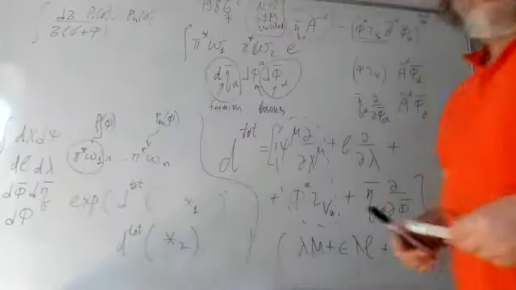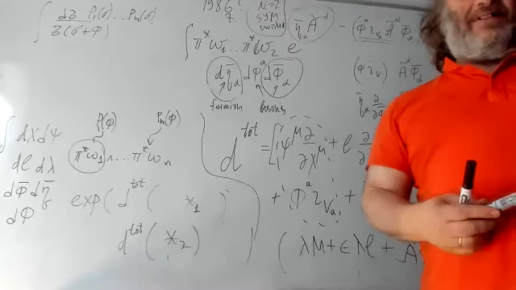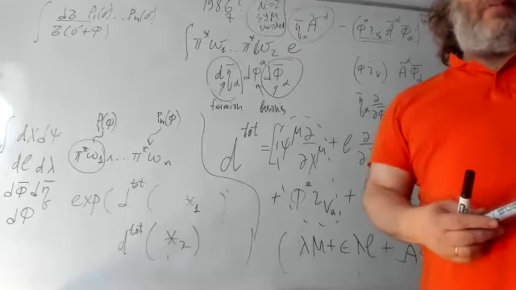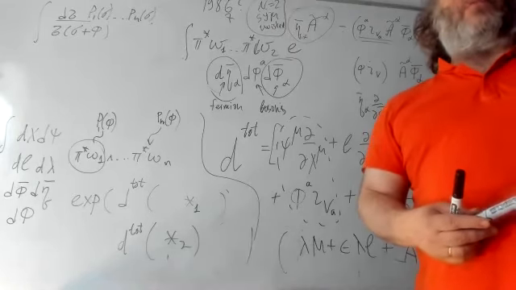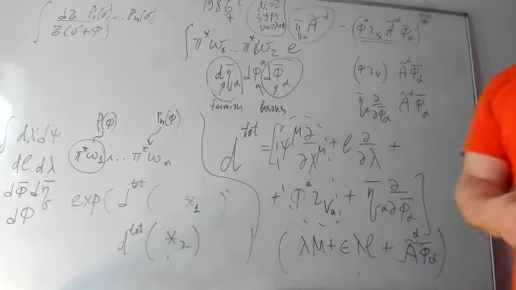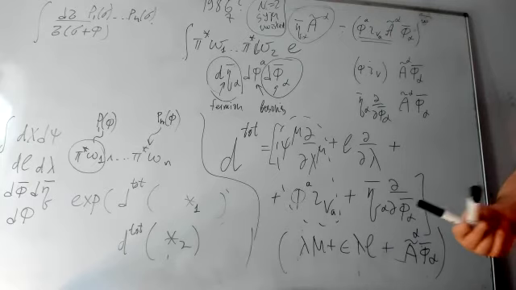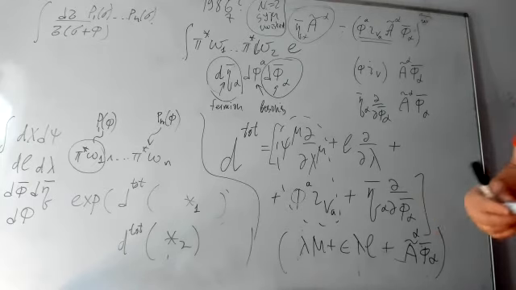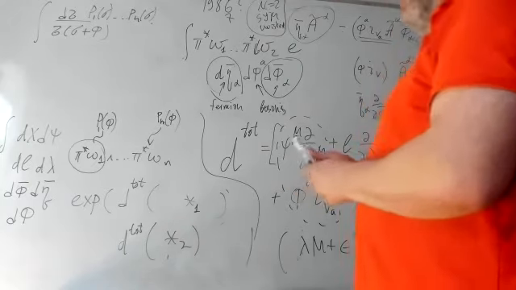The integral over d phi is the integral that we want at the very end, knowing the formulas. The thing that we still need to treat somehow is this.